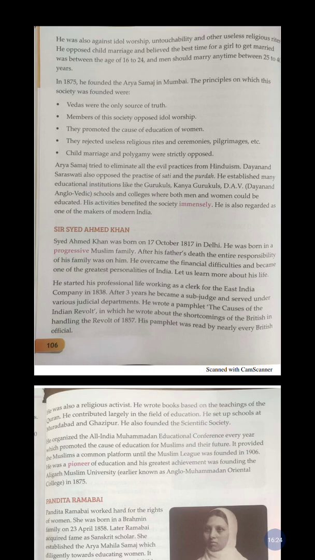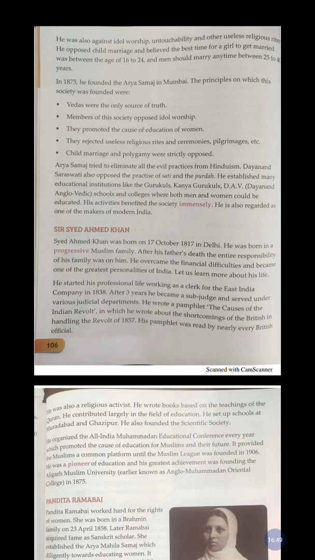He overcame the financial difficulties and became one of the greatest personalities of India. So students, after his father's death, he had to face many financial crises and difficulties. Out of that also he overcame and became one of the greatest personalities of India.